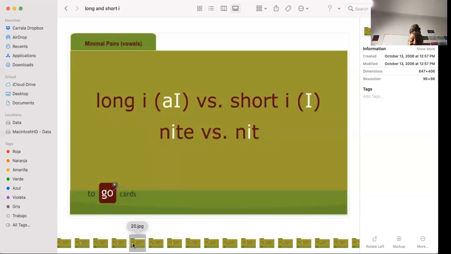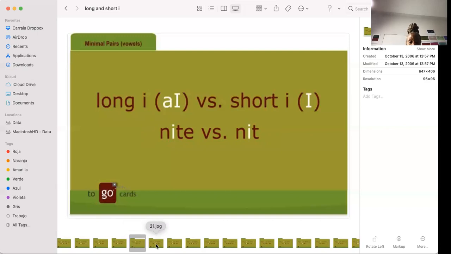Nite, that is a casual or informal spelling of N-I-G-H-T. You'll see it in the dictionary, but you have to be very careful because you can never replace N-I-G-H-T with this N-I-T-E. You'll see night when you're talking about a nightclub.